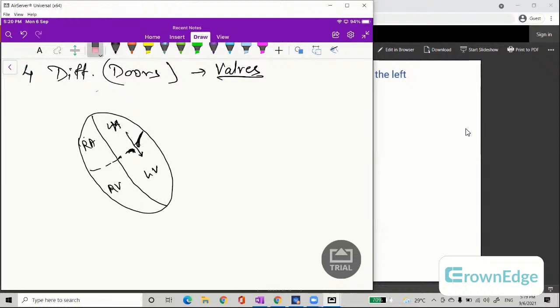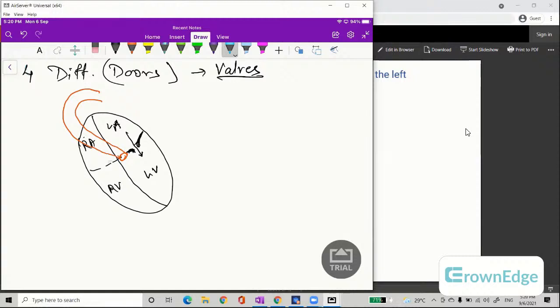One valve will allow the blood from the left atrium to the left ventricle. There will be another opening which will be giving rise to, yes please, what structure is this? Guys, please let me know what structure this is.